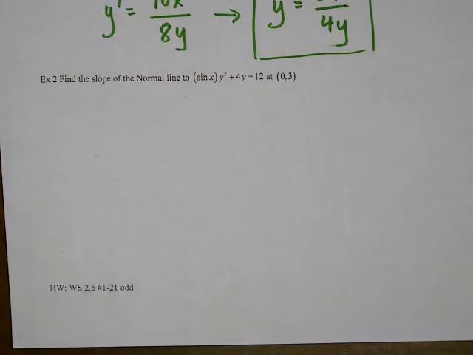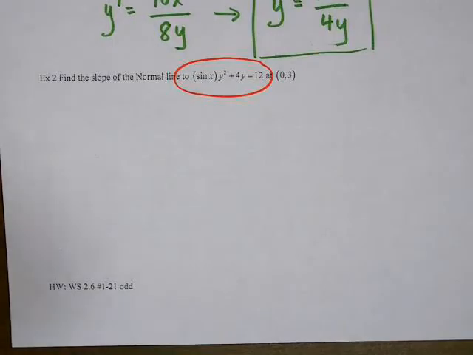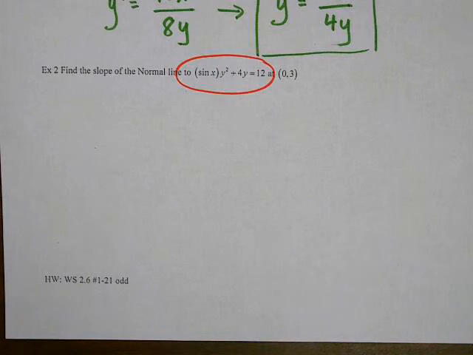Okay, so number 2. It says find the slope of the normal line. And you guys know whenever it says slope of a tangent line or a normal line, it really just means find the derivative, right? So we're going to start this off the same way. We're going to find the derivative of each term because this is an implicitly defined function, right?